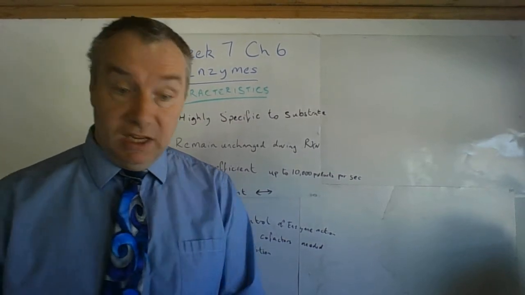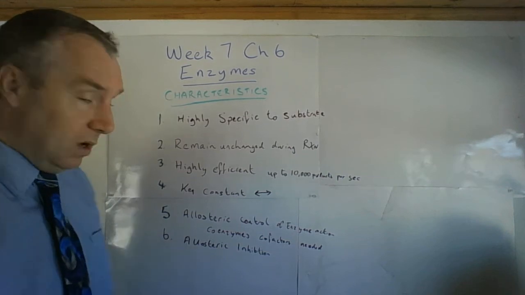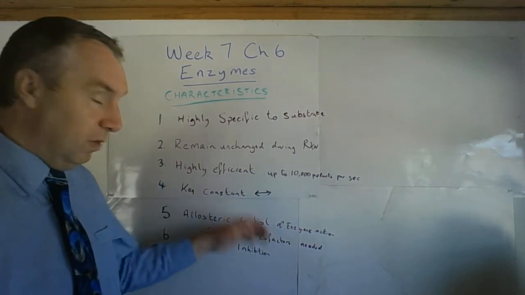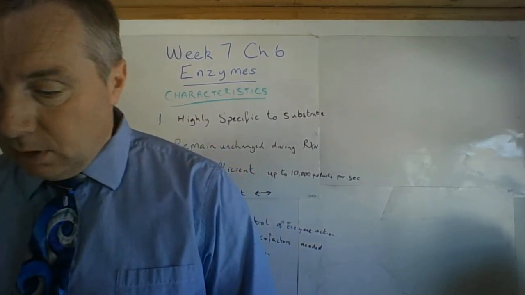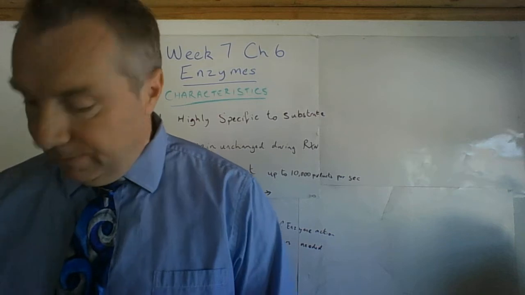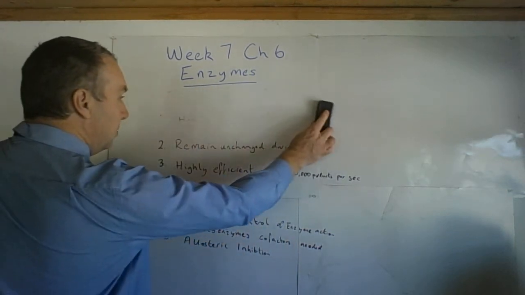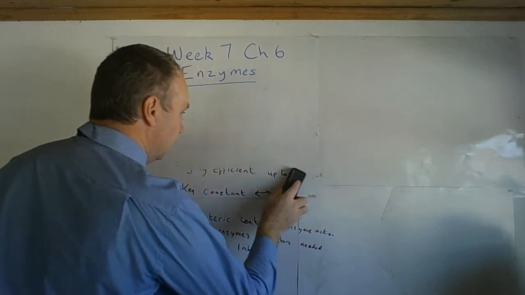And so, by shape changing, by withholding the cofactors or coenzymes, or other ways, you can inhibit or change the rate of enzyme action. So that was characteristics. Now let's talk about how enzymes work.